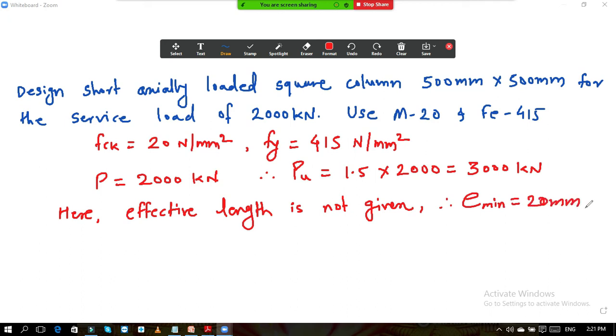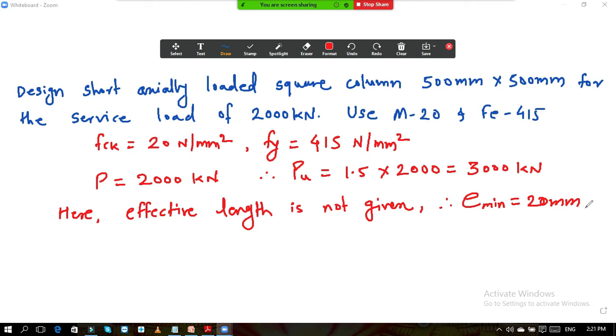If effective length is given, then you should use L effective divided by 500 plus D divided by 30, and you will get one value of eccentricity. The second eccentricity is 20 mm, and whichever is the maximum of these two, you should take as your minimum eccentricity.